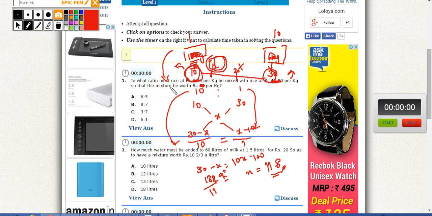What if I mix it in this ratio? Then you can obviously say that the average price is going to be somewhere close to 30 rupees. It's going to be something like 27 or 28 rupees, very close to this.